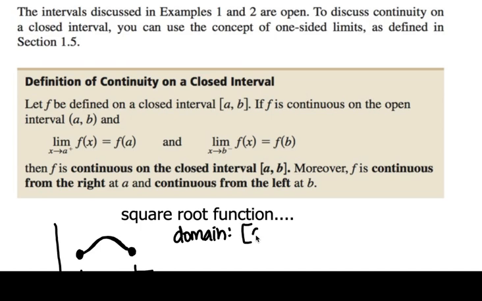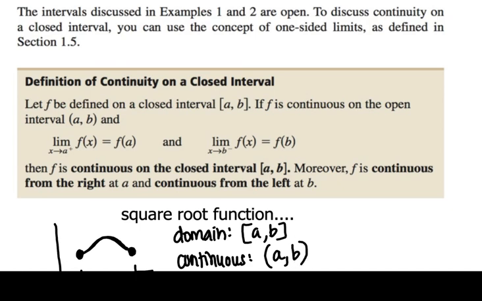The domain is A to B. This is not a polynomial function, and this is not a rational function. This is a chunk of some kind of graph where the domain is a closed interval from A to B. However, it is continuous on the open interval A to B.